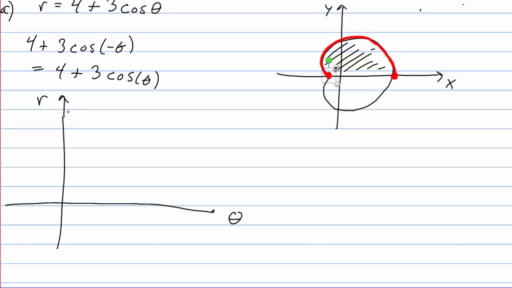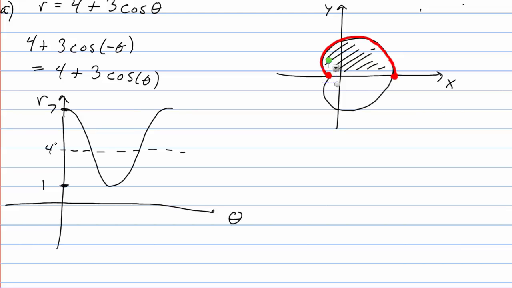So it should make sense that this is the resulting picture. The biggest r can be is now 7. The smallest it can be is 1. And we'd have a picture that looked like that.